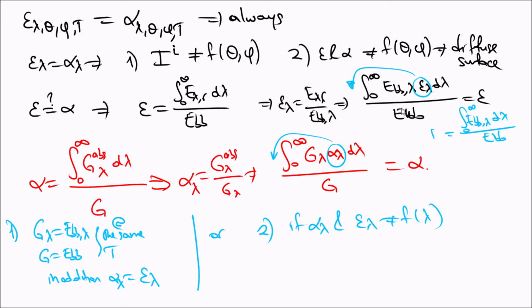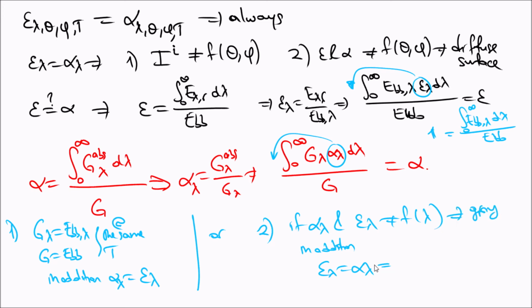This term can be cancelled, and similarly the integral of G lambda d lambda from 0 to infinity is G itself, cancelled, and it will be alpha lambda and epsilon lambda. Therefore we will add one more condition: in addition, epsilon lambda equal to alpha lambda. Then epsilon and alpha are always equal, and if it is not a function of lambda, we have said that it is a gray surface.